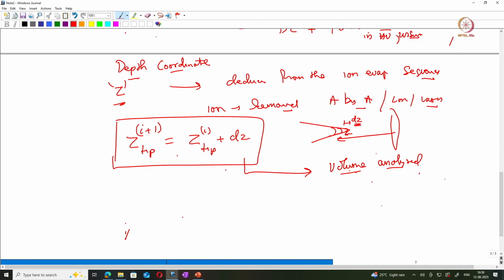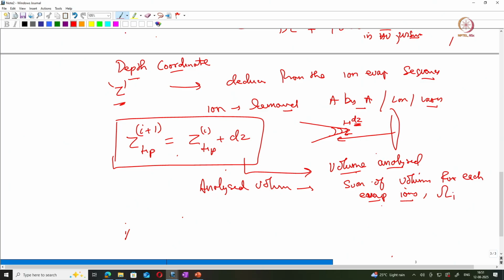This analyzed volume is the sum of volumes for each evaporated ion, which can be given by omega i.